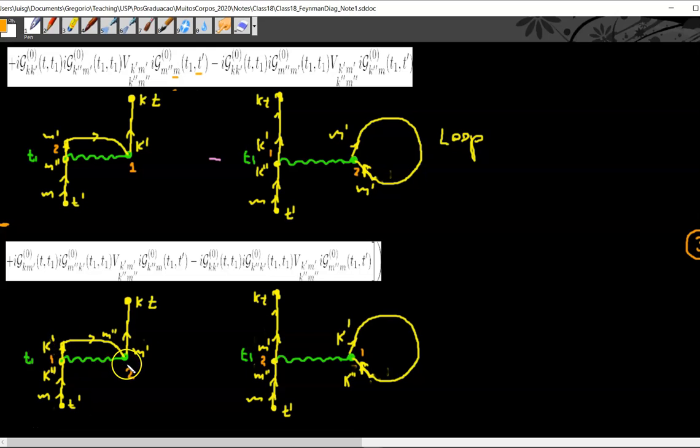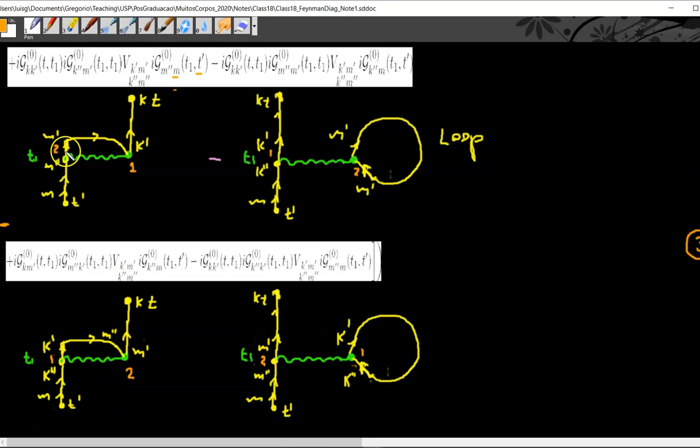In the other vertex, I have an m double prime leaving, and this m double prime propagates to k of t. And of course, in this other vertex, there's this m double prime entering, as it should, and that gives me the diagram. So this diagram is essentially equivalent to that one.